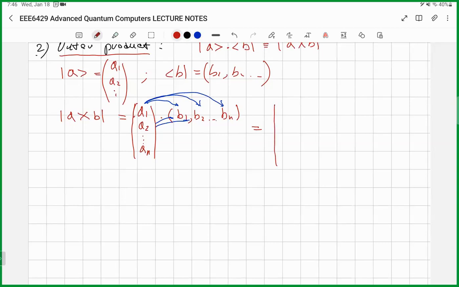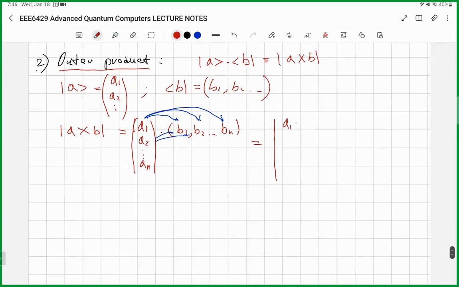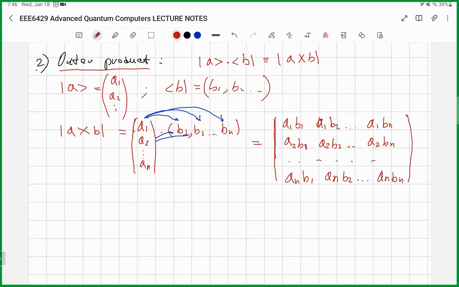So this will be a matrix with coefficients A1B1, A1B2, etc., up to A1Bn. Now A2B1, A2B2, etc., A2Bn, and all the way up to AnB1, AnB2, all the way up to AnBn.